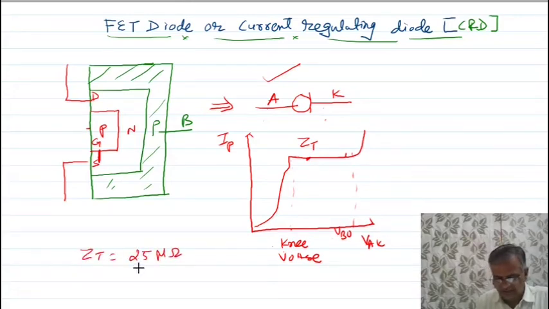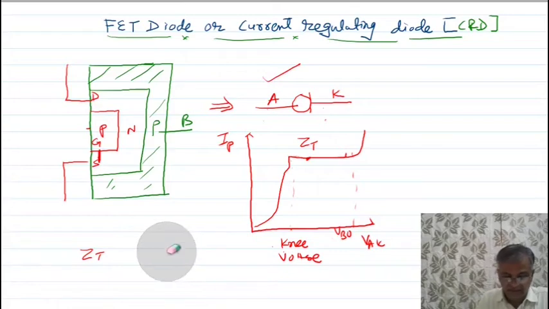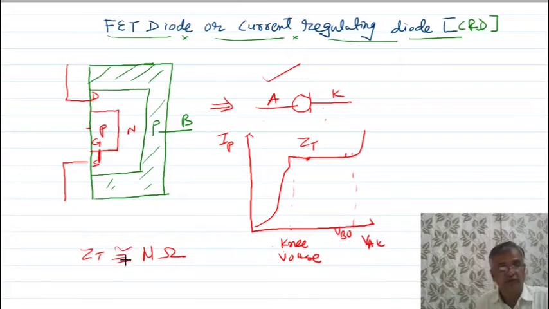So this is just I am writing for some CRD, but it is better to say its impedance is of the order of mega ohm. Mega ohm means it is very large, and the current passing through this is always constant between these two, between knee voltage and breakover voltage.